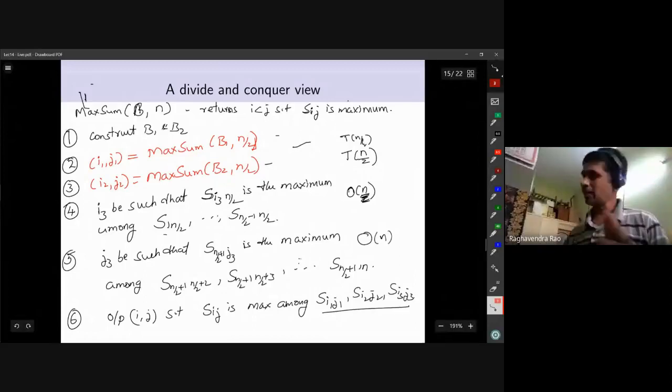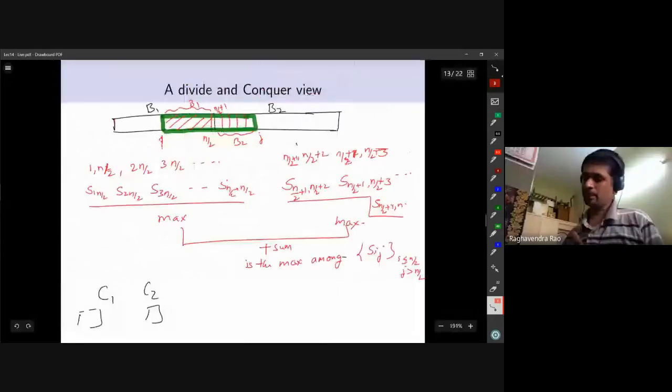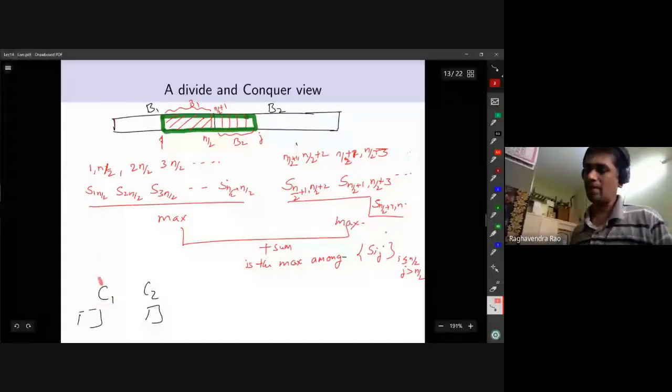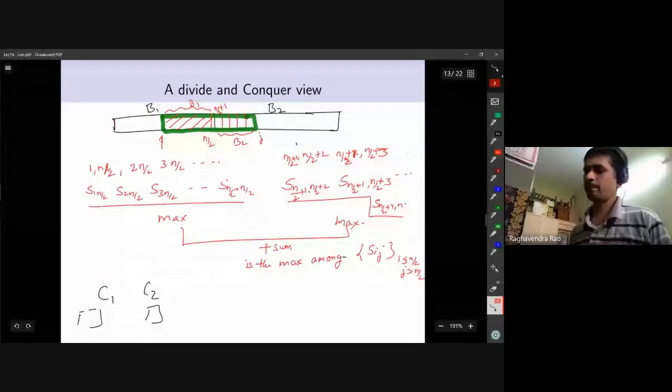Okay, so for that we need this observation that we made here. So if you have two sets C1 and C2, and I want an element from here and an element from here so that the sum is maximized, all I need to do is pick the maximum element from here and the maximum element from here. That sum is going to be the maximum. So that is the third observation.